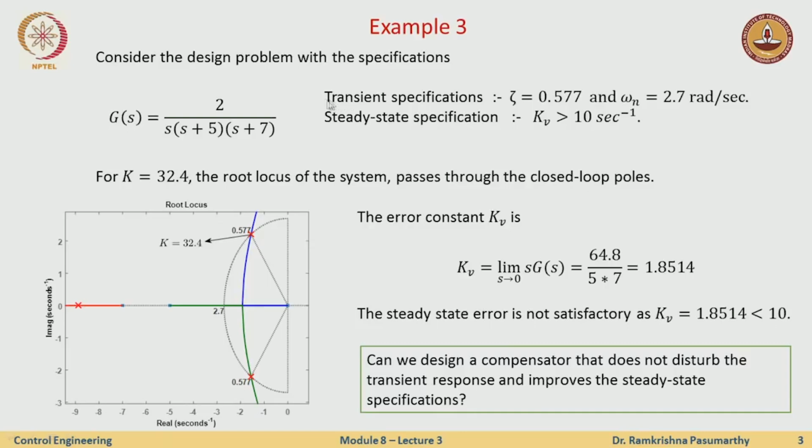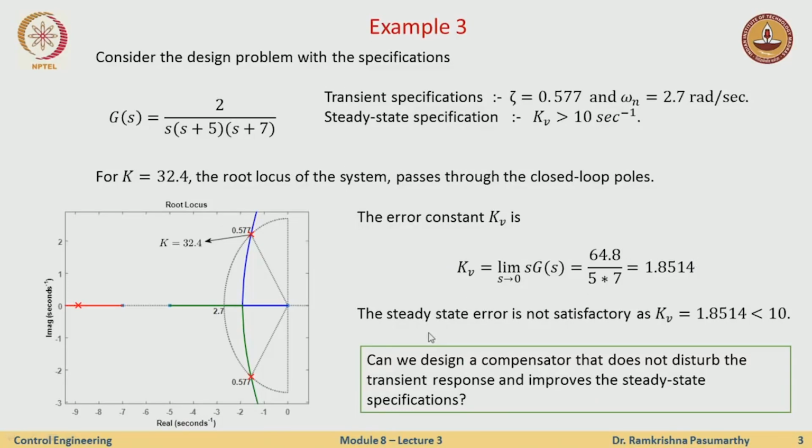Okay, so I don't really need to worry about the transient specifications because my root locus actually passes through those points by just mere adjustment of the gain. Let's now worry about the steady state error. The error constant kV here is 1.8, and I want to make this larger than 10.